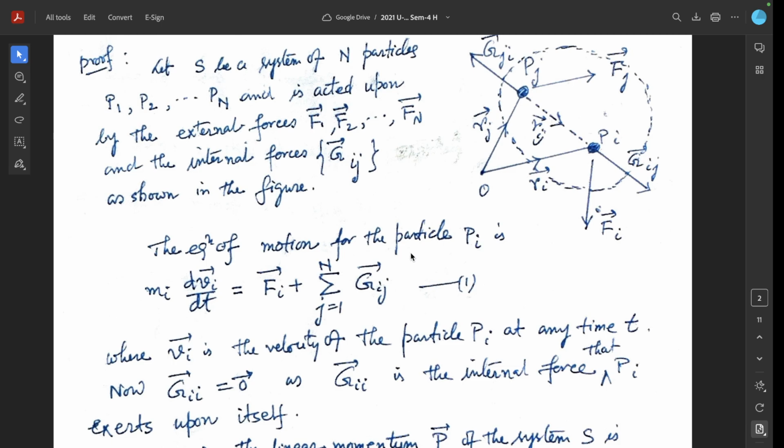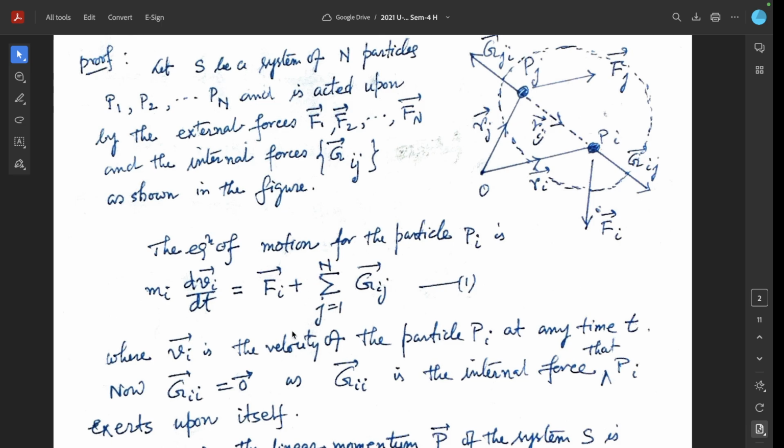The equation of motion of the particle Pi is given by mi, the mass of the particle at the point Pi, times d/dt of vi, the velocity of the particle Pi, equal to the external force Fi, actually the external force on Pi, plus the summation of all internal forces on the particle i due to other particles, so summation over j equal to 1, 2, 3 up to n, of Gij vector.